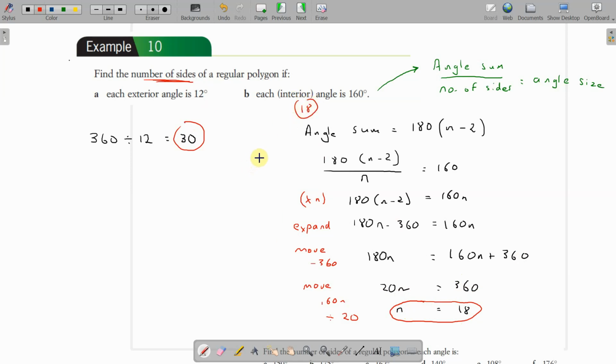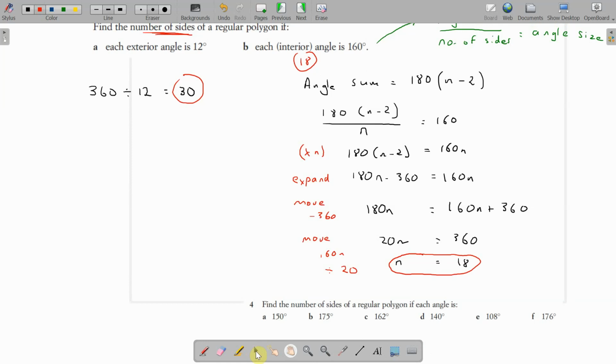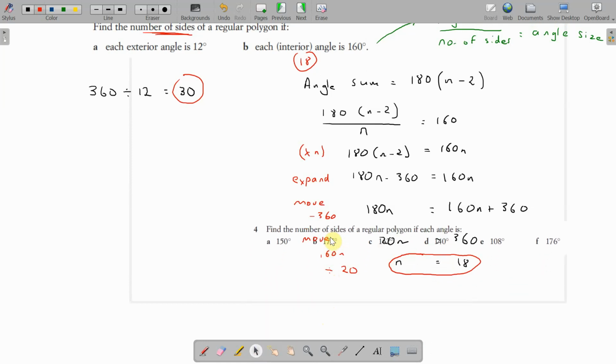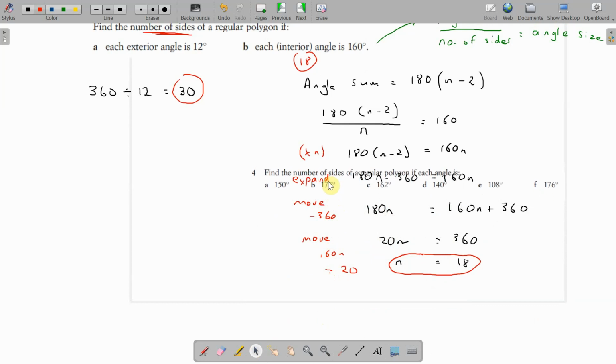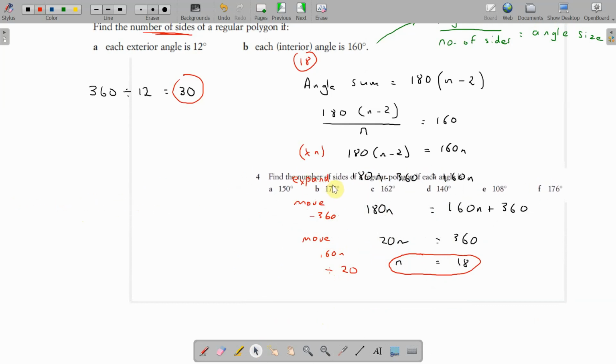Now, that's a lot of work, and you will have to do it for question 4. But what I'm going to do is show you how much working you'll need to do. I'll just move question 4 up to there. See if that works. I'll get rid of what's underneath.